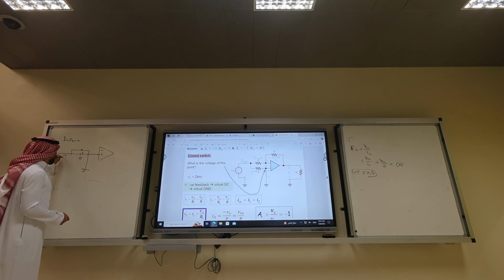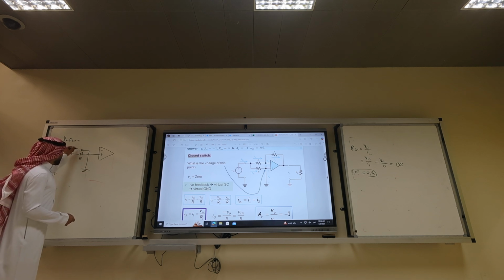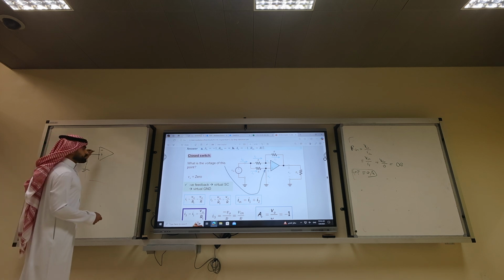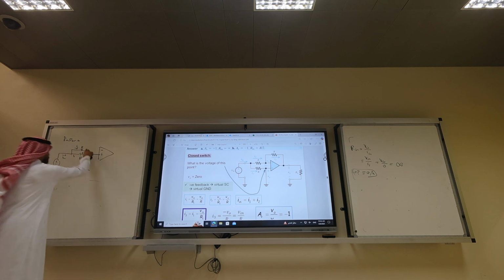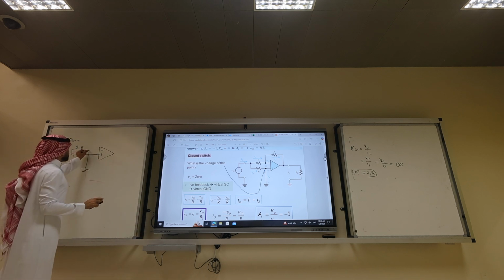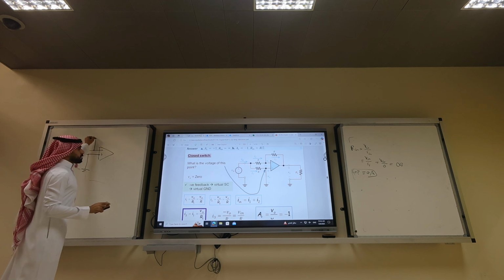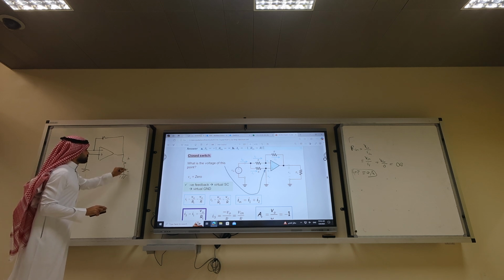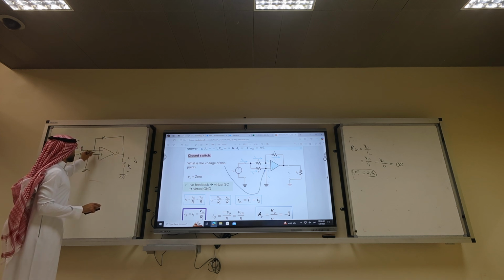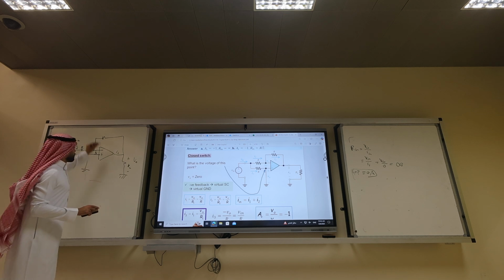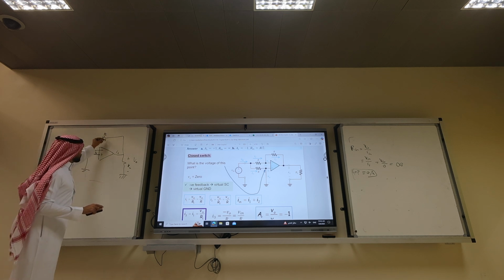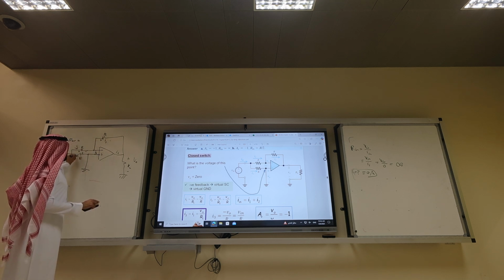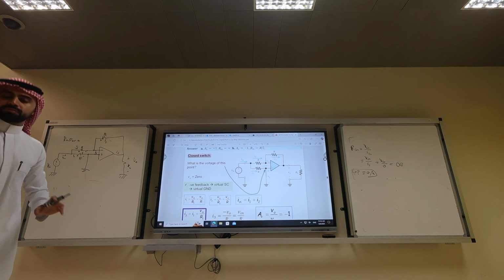Here we have I input, I1, I2, and this R1 is connected to the negative, and then we have another R, the load, V output. We call this Ix, and this Vx, and then this is R, or we call it RF, it doesn't matter. Here they call it I3, with plus and minus signs. Is the circuit perfect now?